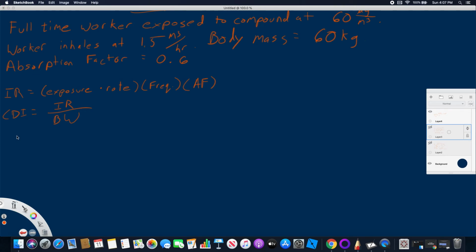So, okay. Our intake rate is going to be 60 micrograms per cubic meter times our 1.5 cubic meters of inhalation per hour.